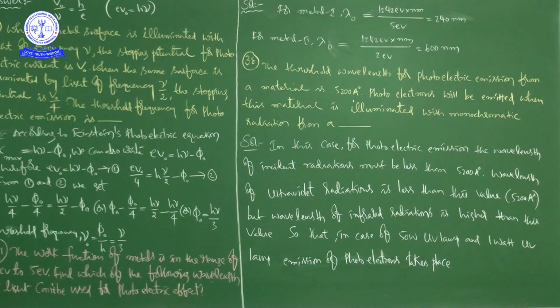Please listen carefully: the first option is a 50 watt infrared lamp, the second is a 1 watt infrared lamp, the third is a 50 watt ultraviolet lamp, the fourth is a 1 watt ultraviolet lamp, and the fifth option is both 3 and 4. Students, I request you to try to understand problems 37 and 38.